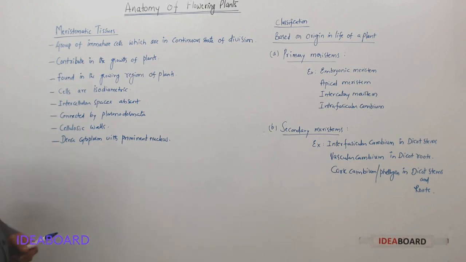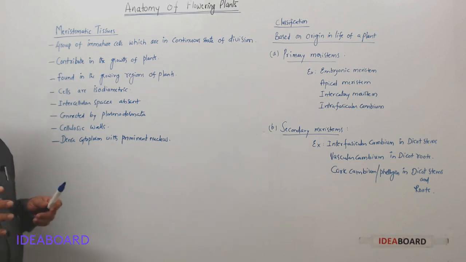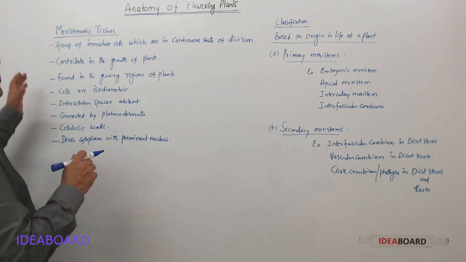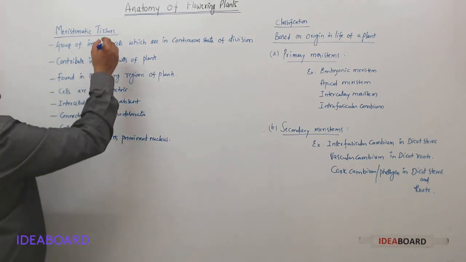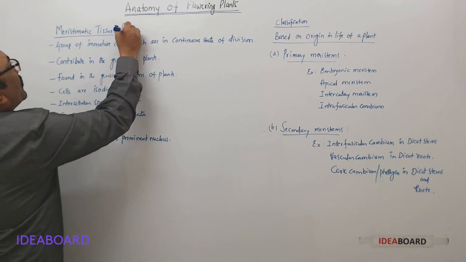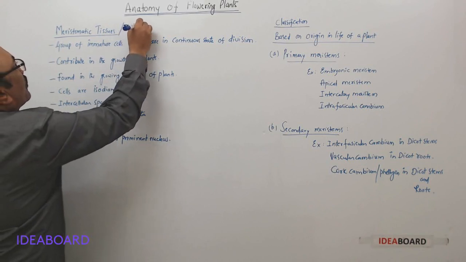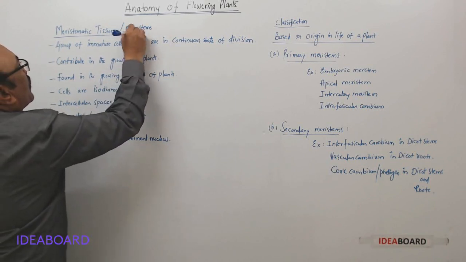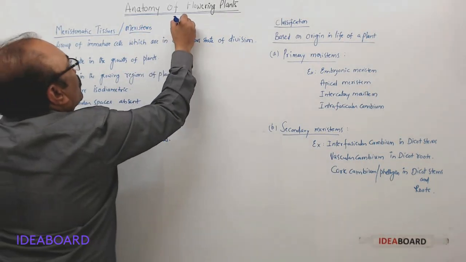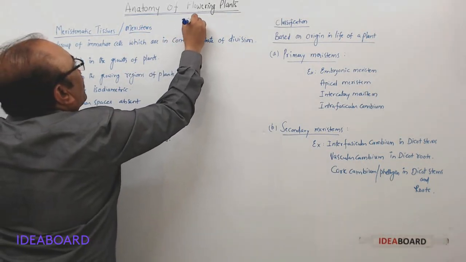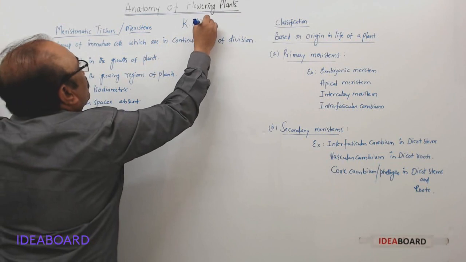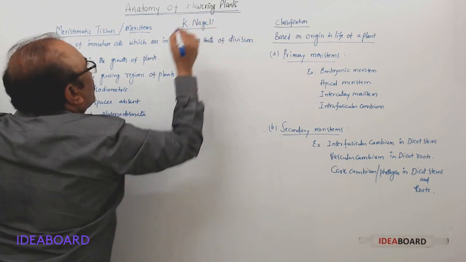Now let us discuss the details of these meristematic tissues. The meristematic tissues are also called meristems, and this term meristems was coined by K. Nageli.